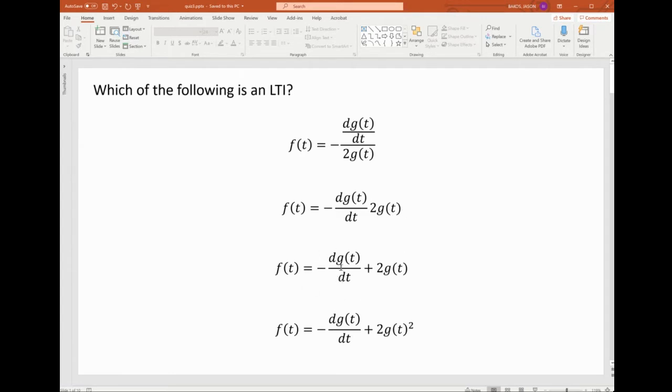The third option is the derivative of g plus 2 times g, and that one's good. That's an LTI. And the fourth one, you're squaring g, so that one's not an LTI. So the answer here is the third option because it is a linear function of signals.